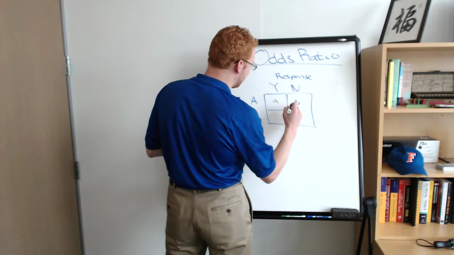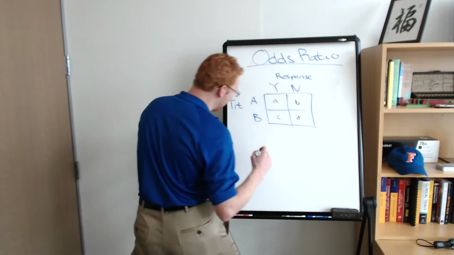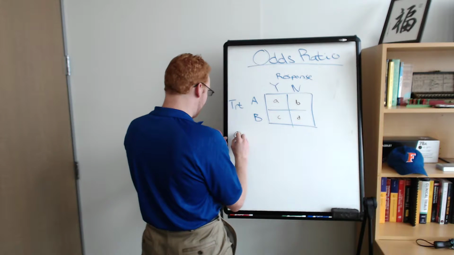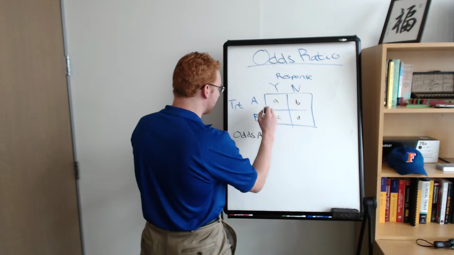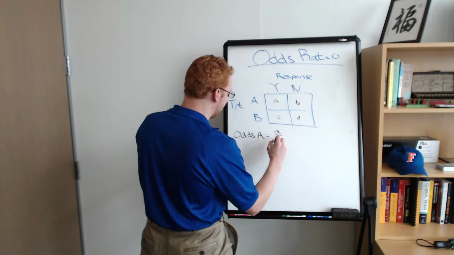This is cell A, cell B, cell C, cell D. So the odds of A giving a yes response, odds of A is defined as A divided by B.